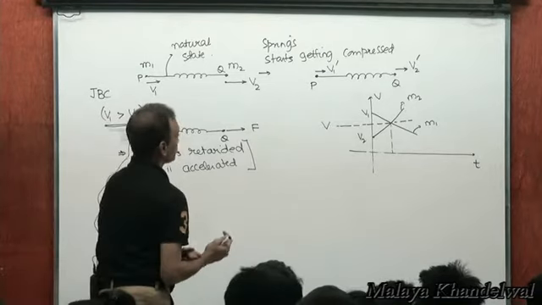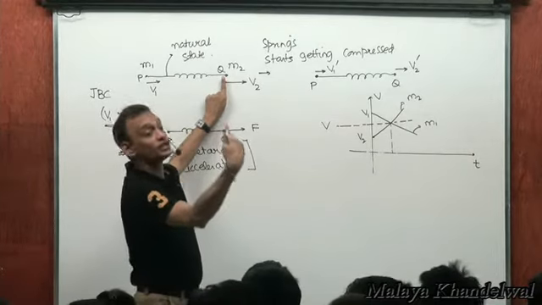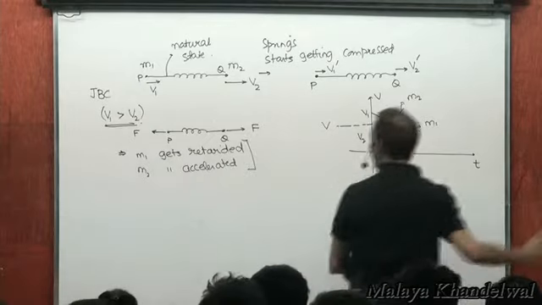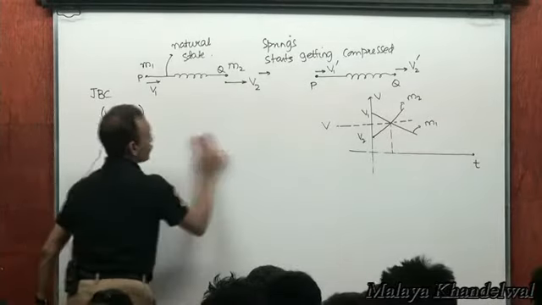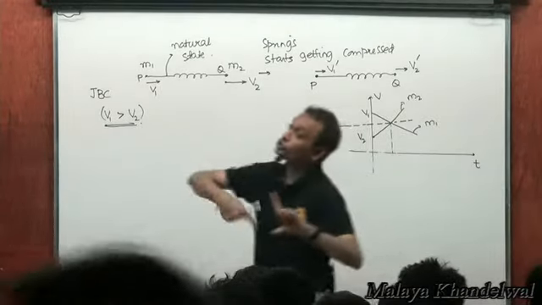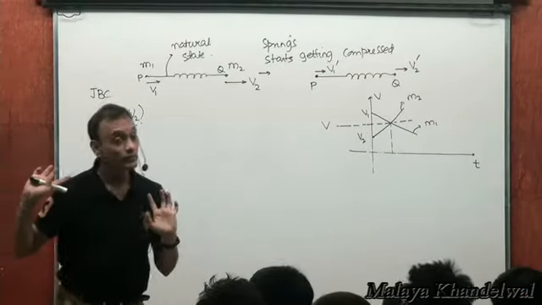Now, however, the velocity of m2 continues to increase, the velocity of m1 continues to decrease. So then, there is a state during collision when the velocities of both the masses become the same, right?